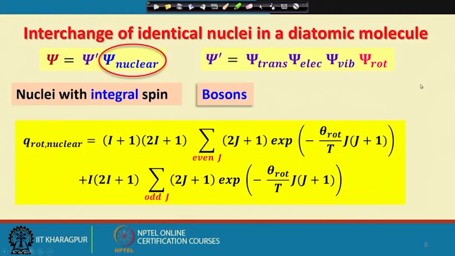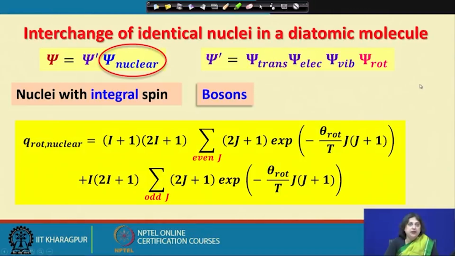And this will obviously have implications on the single particle partition function, because my single particle partition functions depend on the solution of this Schrodinger equation. So, let us have a look at what is the effect of having two identical nuclei with integral spin in the case of the bosonic systems.